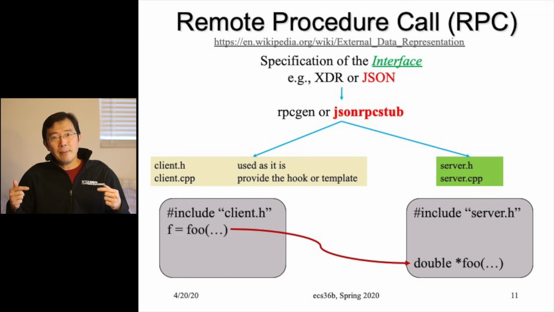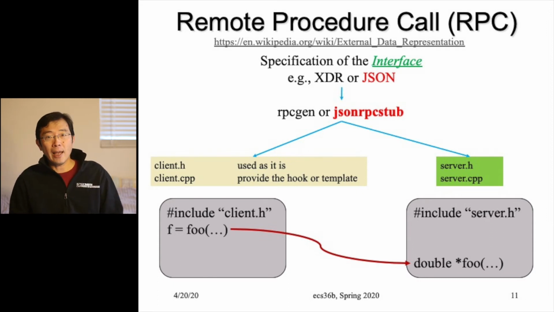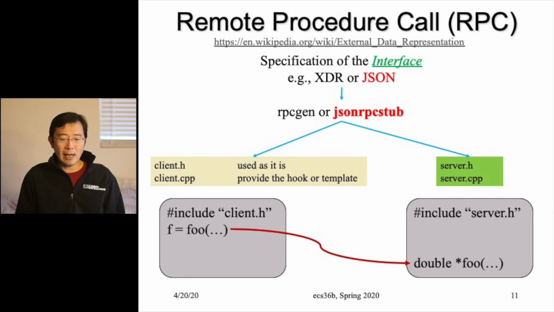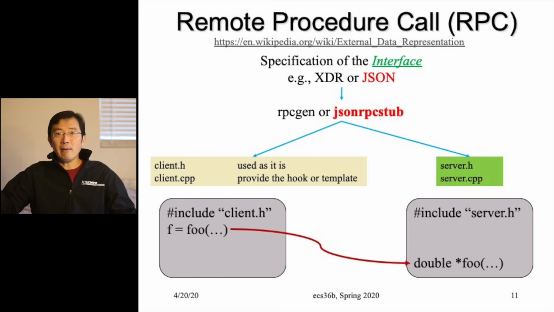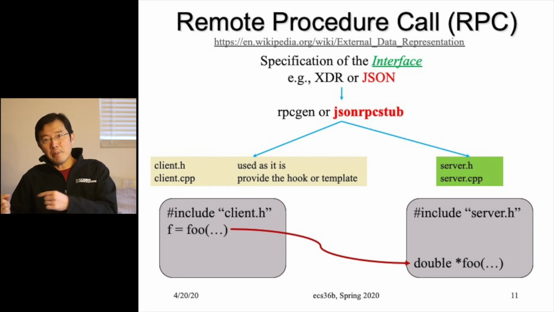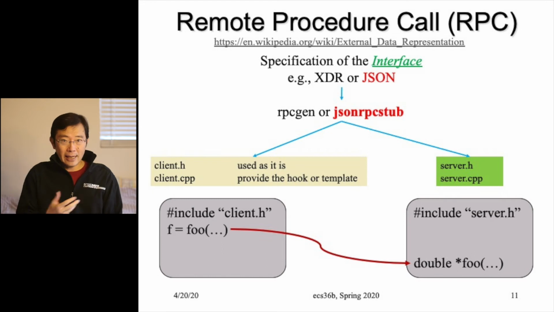And that stitching is not specified by the interface. The interface only says what data needs to be transferred. It doesn't say which function I need to call. And therefore, that stitching, you have to do separately. So once you've done this stitching, then you will be able to put it together such that the client.cpp will be compiled into an executable, and the server.cpp will compile and run, and then the client will talk to it and get the data.